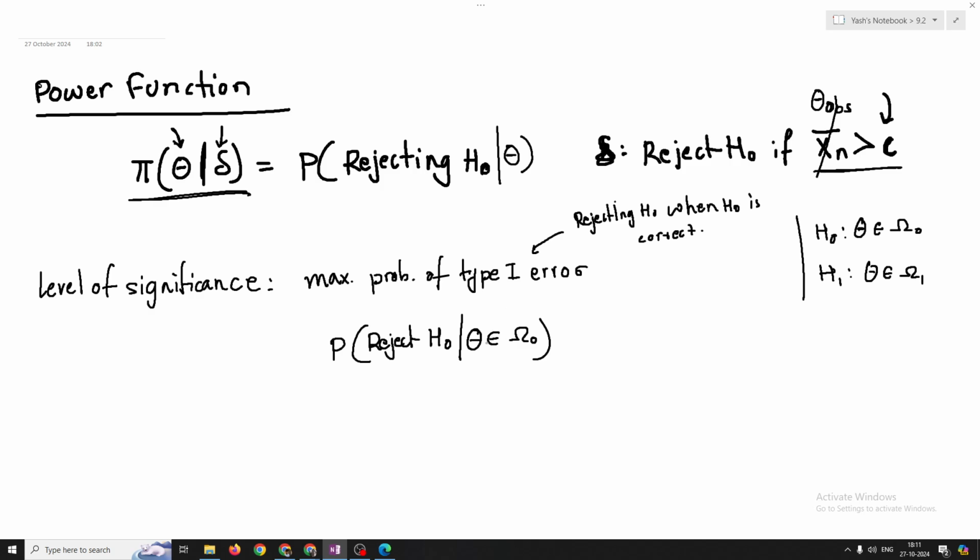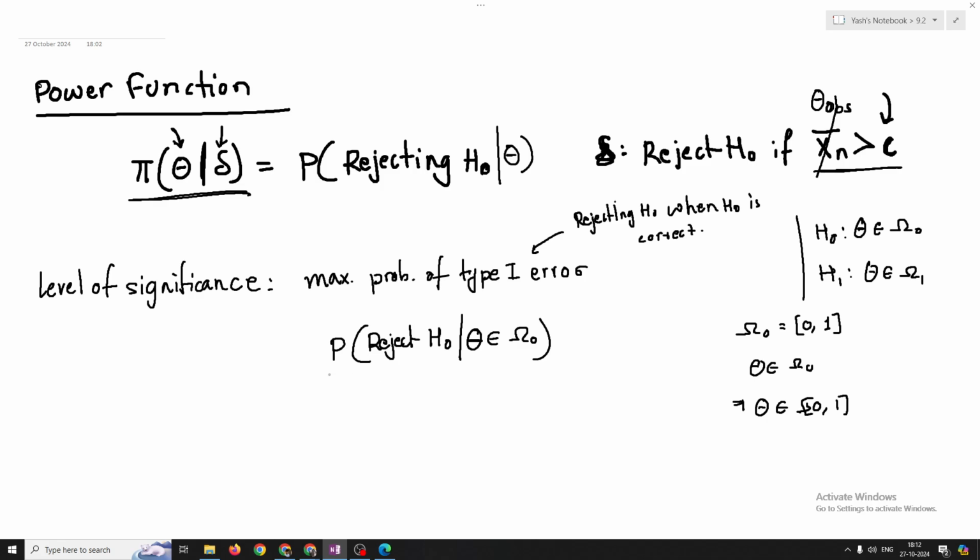Now theta here can have, let's say your omega naught is some interval, let's say 0 comma 1. Then saying that theta belongs to omega naught is essentially saying that theta can take any value between 0 and 1, right?